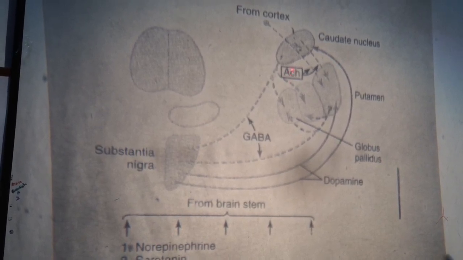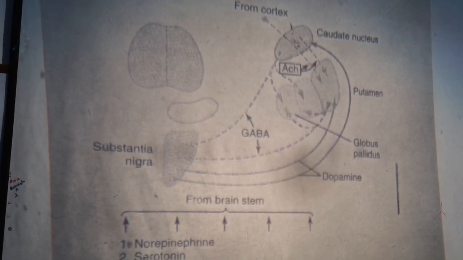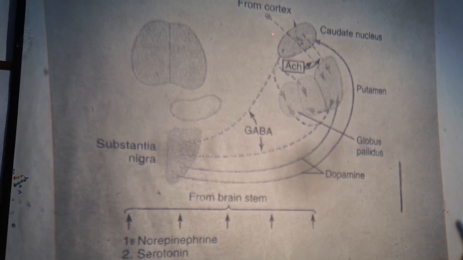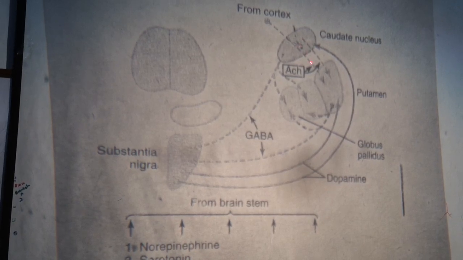Corticostriate fibers are cholinergic. I mean fibers arising from cerebral cortex, these go to the caudate and putamen.